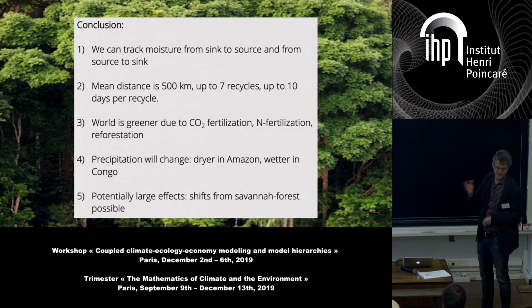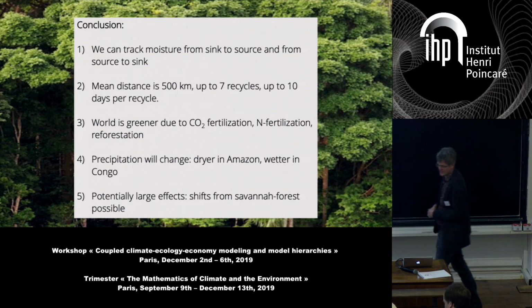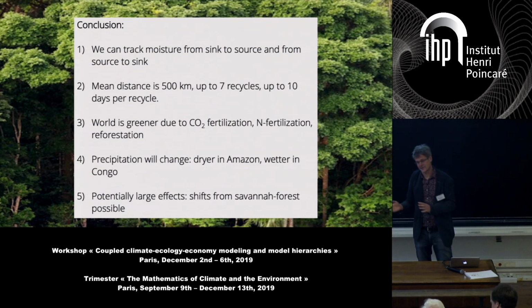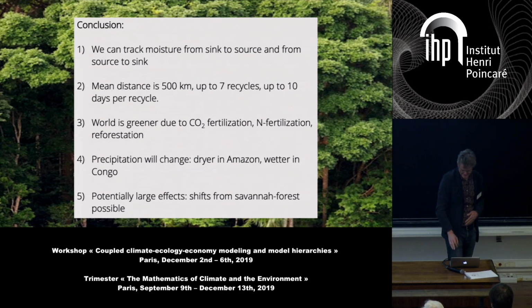We also see from the CMIP-6 outputs that some parts, especially the Congo Basin, are really getting wetter, and then a part of the Amazon is really getting drier. We think that all these kinds of phenomena can have impacts on the shifts from a savanna state to a forest state or the other way around.